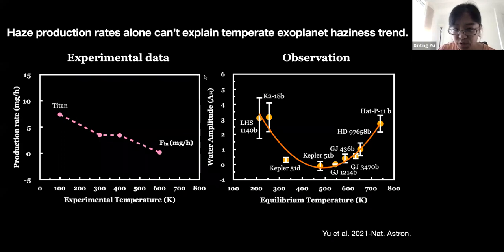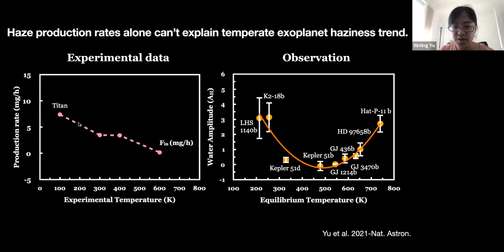The water amplitude is a metric to quantify the haziness for exoplanets. If you have a larger water amplitude, it means the spectrum is less featureless. While if it's small, for example, like GJ 1214b, the famous flat spectrum is here. So the lower the water amplitude, the hazier it is.